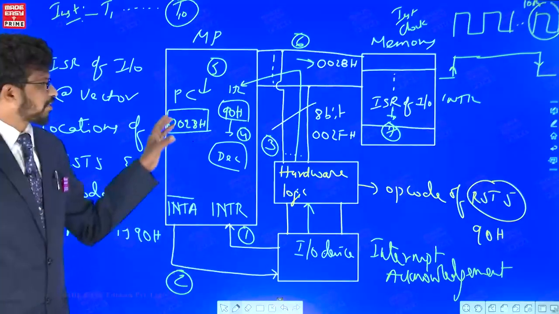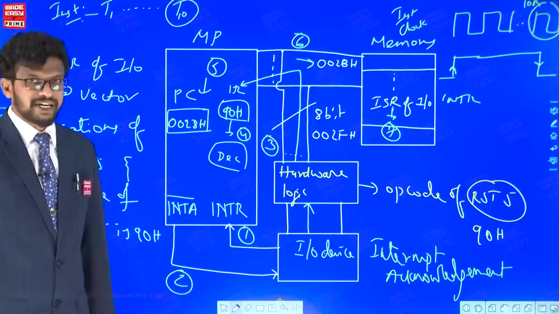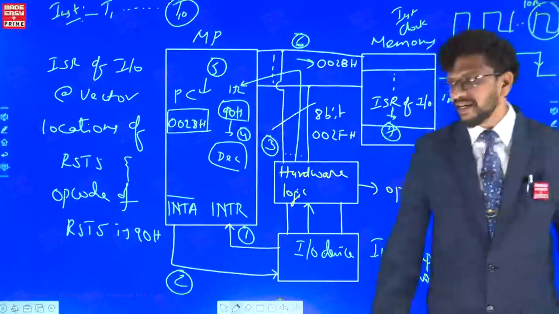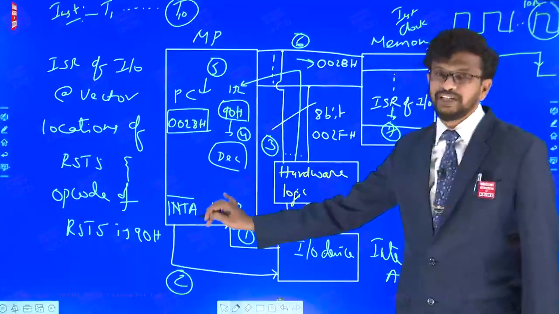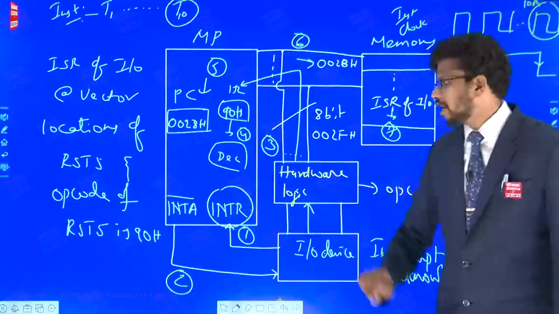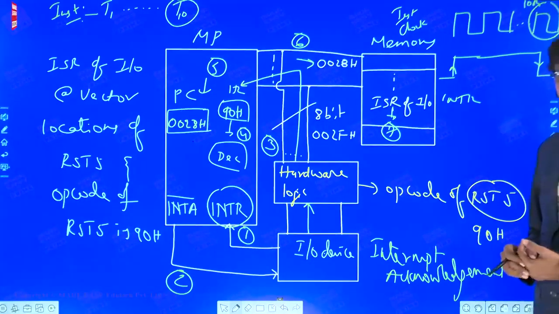So there is no fixed location for INTR, and hence INTR is called a non-vectored interrupt. And one more important point is that this interrupt acknowledgement with respect to 8085 is required only with respect to INTR, not for the vectored interrupts. That is the concept of different kinds of interrupts which are possible in 8085.